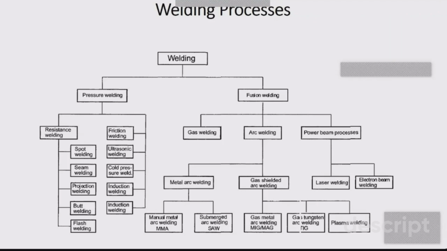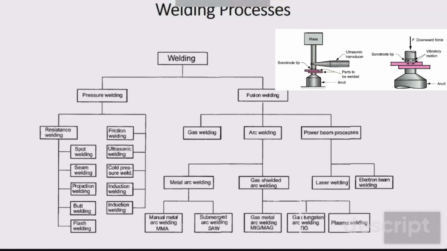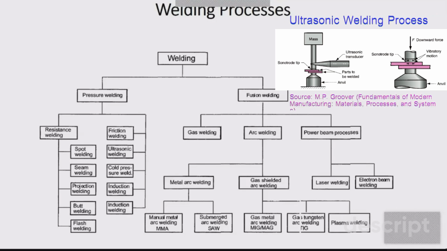In the ultrasonic welding process, which is mainly adopted to join plastics and polymer-based composites, sometimes it is also used to join thin metallic workpieces. One workpiece is placed at the bottom while the other workpiece is made to vibrate on its surface.